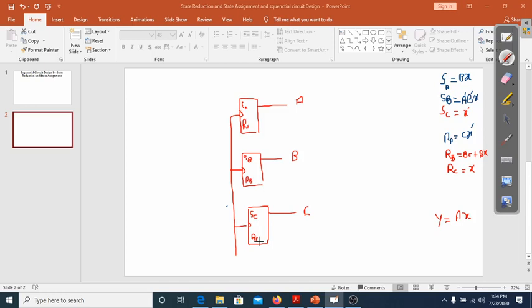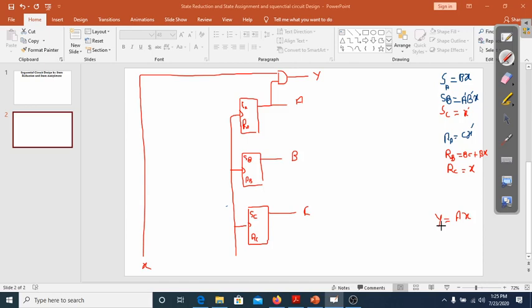So first let me design the output Y. I have this external input, which is X. This output is the AND of the output of flip-flop A and this external input X. So Y is the AND of A and input X.